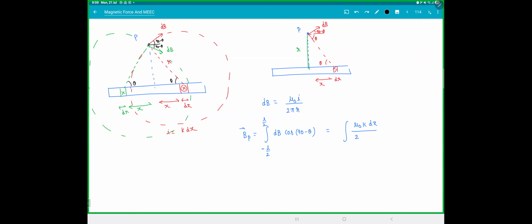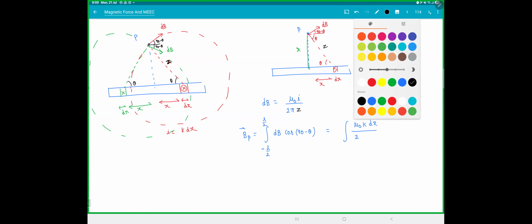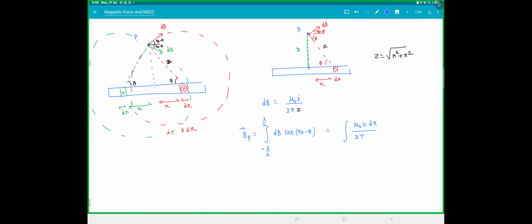Let's take it as some Z. Z is root over R square plus X square. This will be 2 pi root over R square plus X square, and that is sine theta.